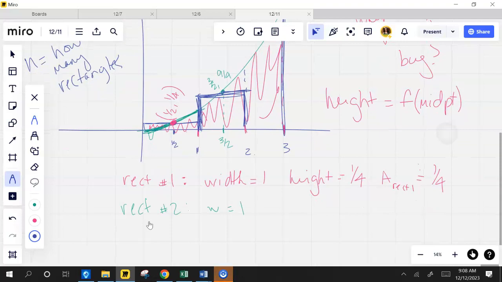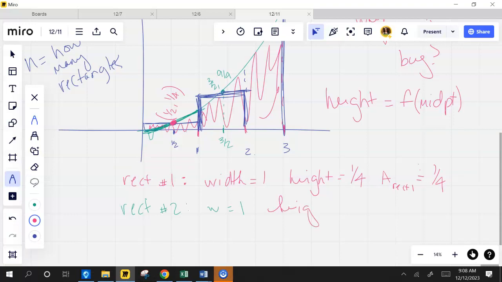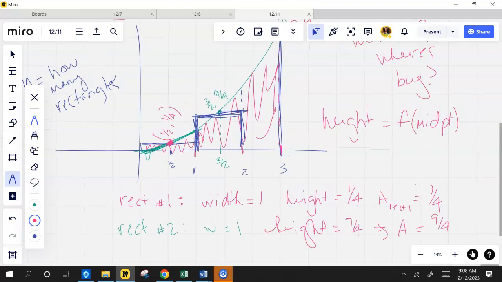So my height here, so what's the area of rectangle number 2? Okay, try rectangle number 3, see what you get.